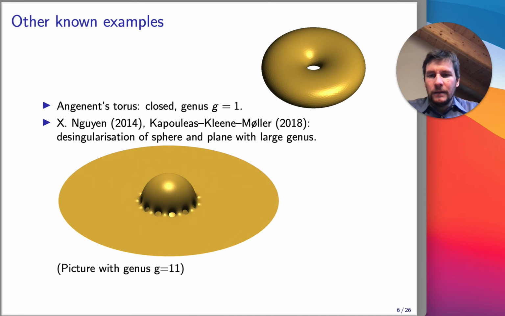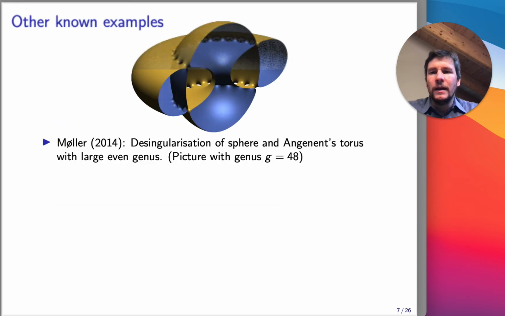Another example, again due to Møller, is the desingularization of the Angenent torus and the sphere. The picture above is a simulation with genus 48. This works again for large genus, and the genus is even in this case.